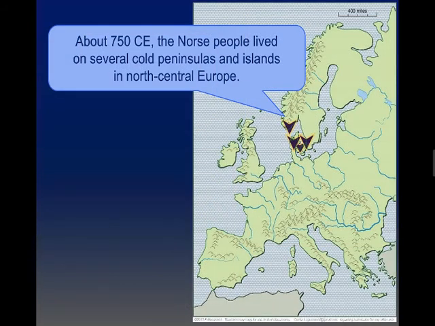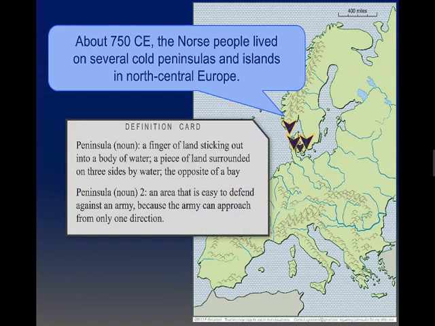The presentation says, about 750 in the Common Era, the Norse people lived on several cold peninsulas and islands in north-central Europe. Now, Europe is unusual. It is a continent made of peninsulas.